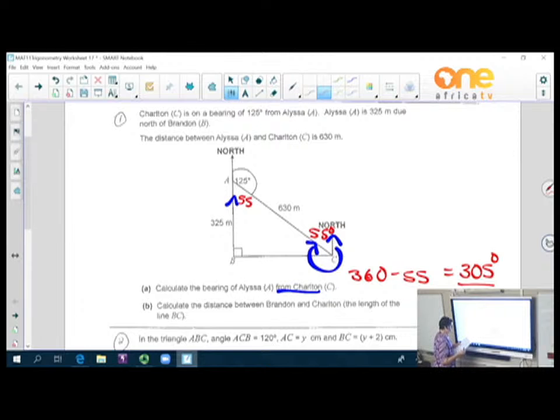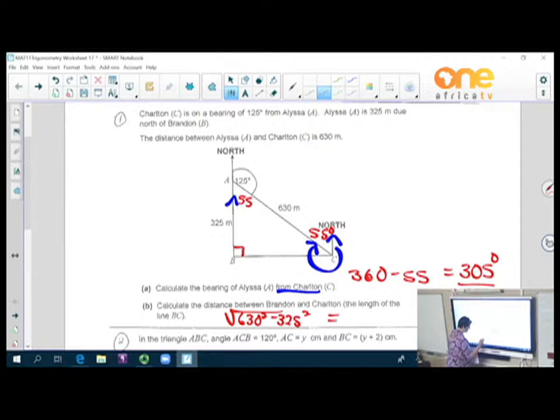Then they say calculate the distance between Brandon and Charlton, the length of BC. So this is a right angle triangle. We first always look if it is a right angle triangle or not. And then we know that we can use Pythagoras here. So it will then be 630 squared minus 325 squared.